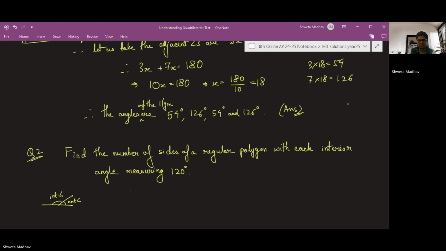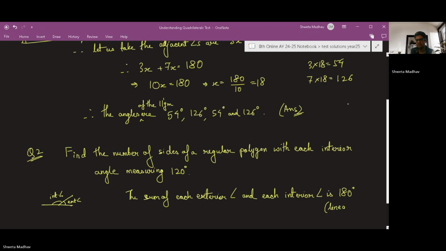So the sum of each exterior angle and each interior angle is always 180 degrees, since they form a linear pair.